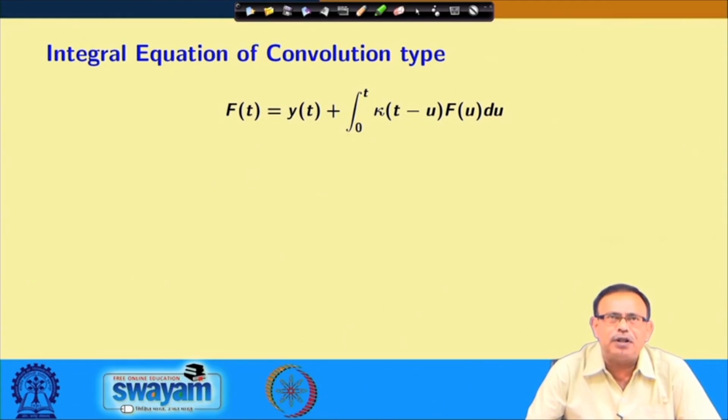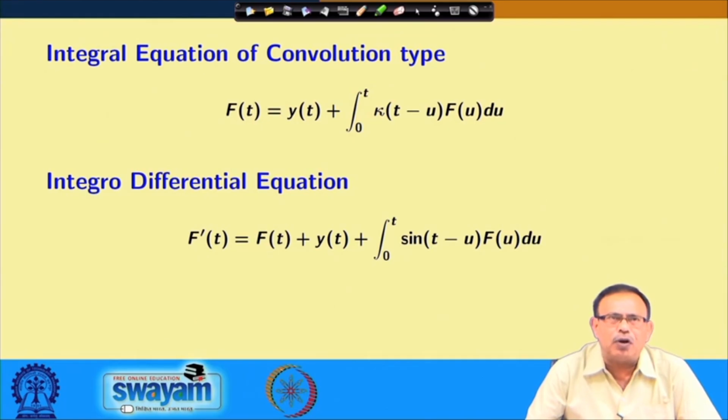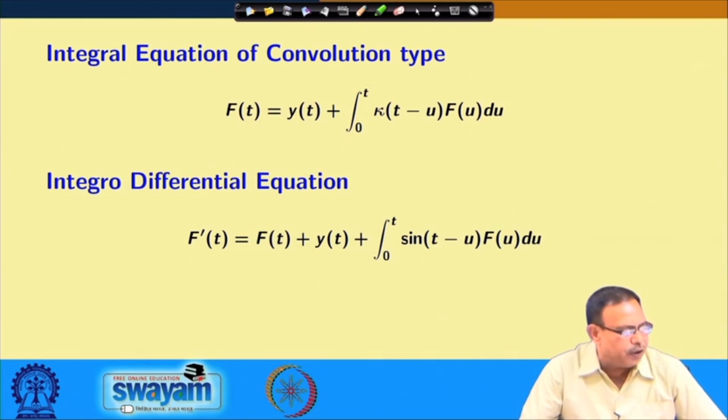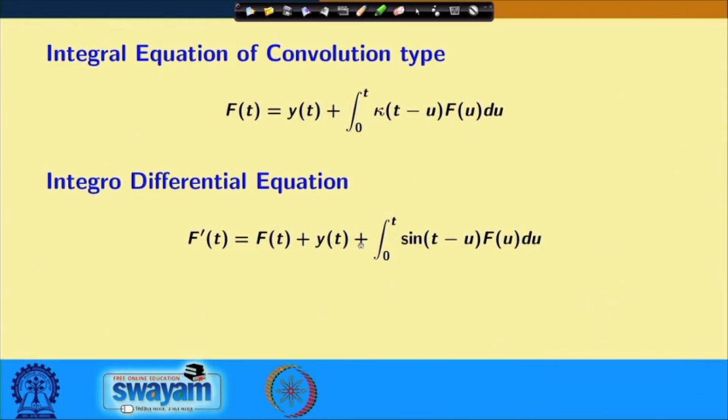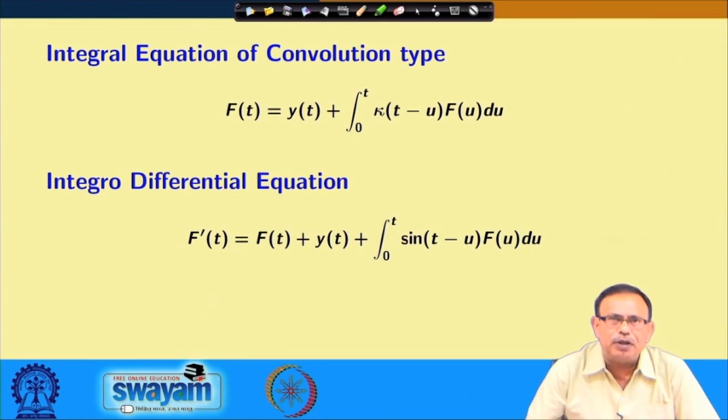There is another type which we call the integro-differential equation: f'(t) equals f(t) plus y(t) plus integral from 0 to t of sin(t minus u) f(u) du. That is, it involves not only the function which we have to determine, but also the derivative of the function, f'.